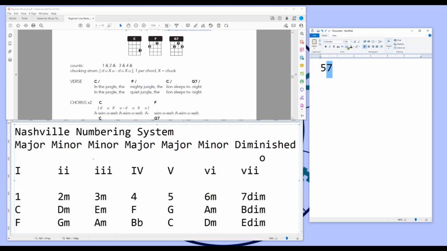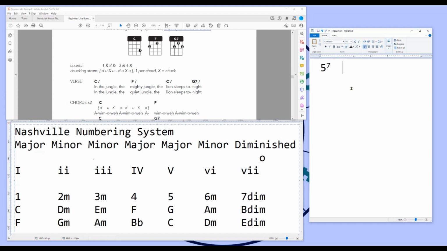So this would be a 5-7. We could just call this a 5-7 chord. So in this case, G7 in the key of C is a 5-7. Okay. So hopefully that didn't confuse you.